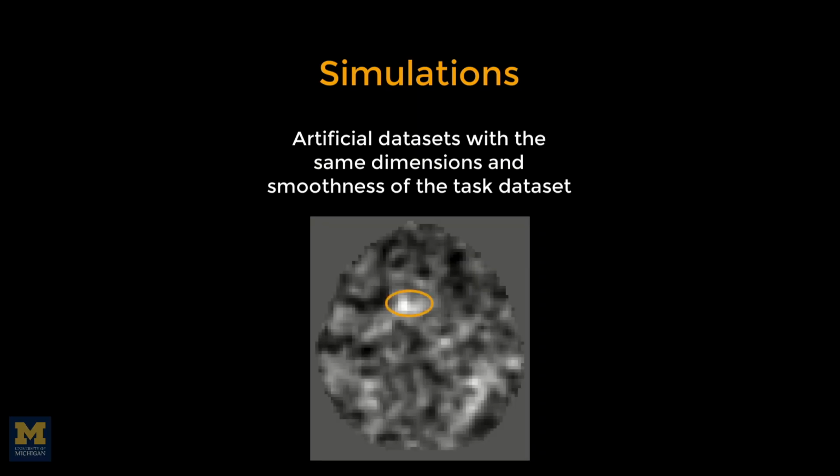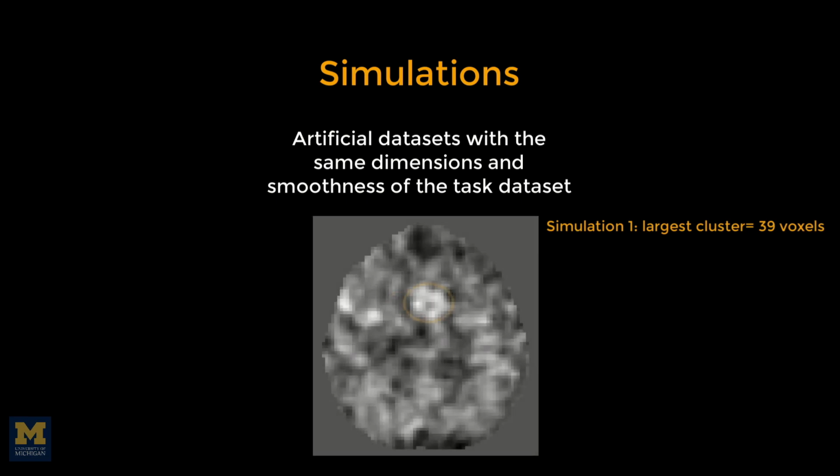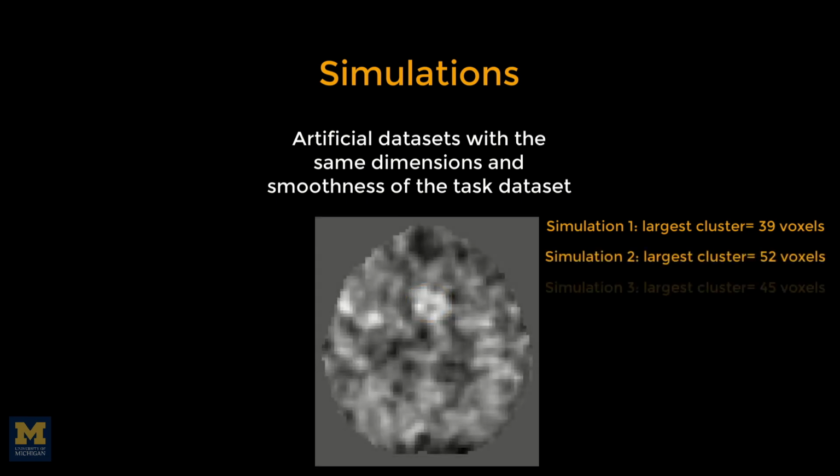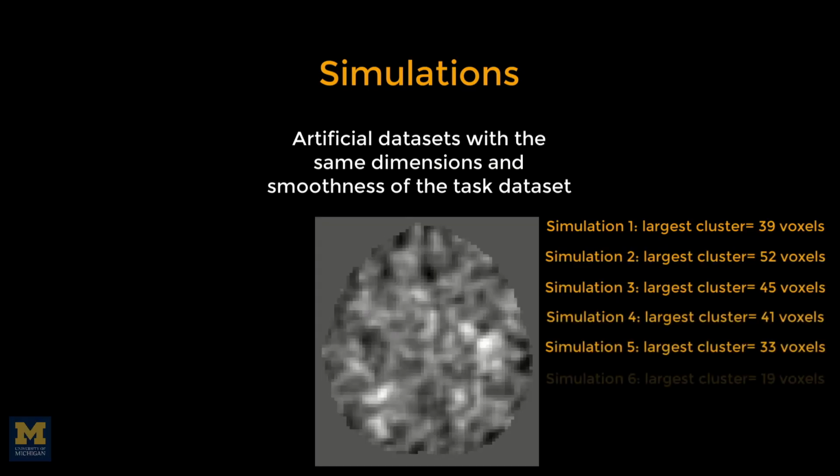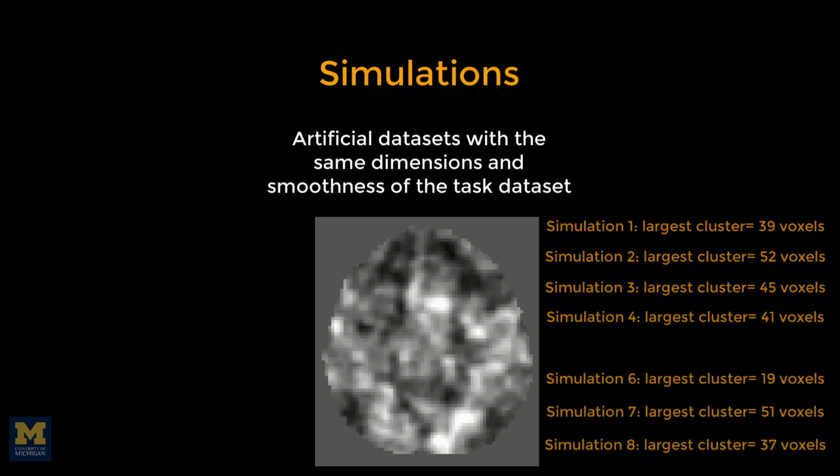We then write down the size of the largest cluster that passes our cluster-defining threshold, and repeat the process with another simulated data set. If we do this thousands and thousands of times, we can create a distribution of maximum cluster sizes.